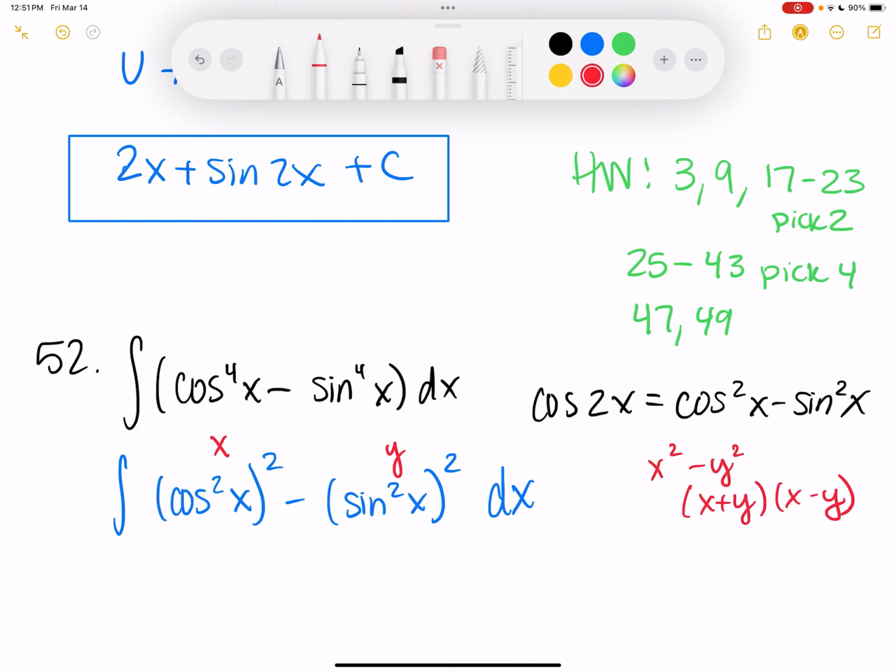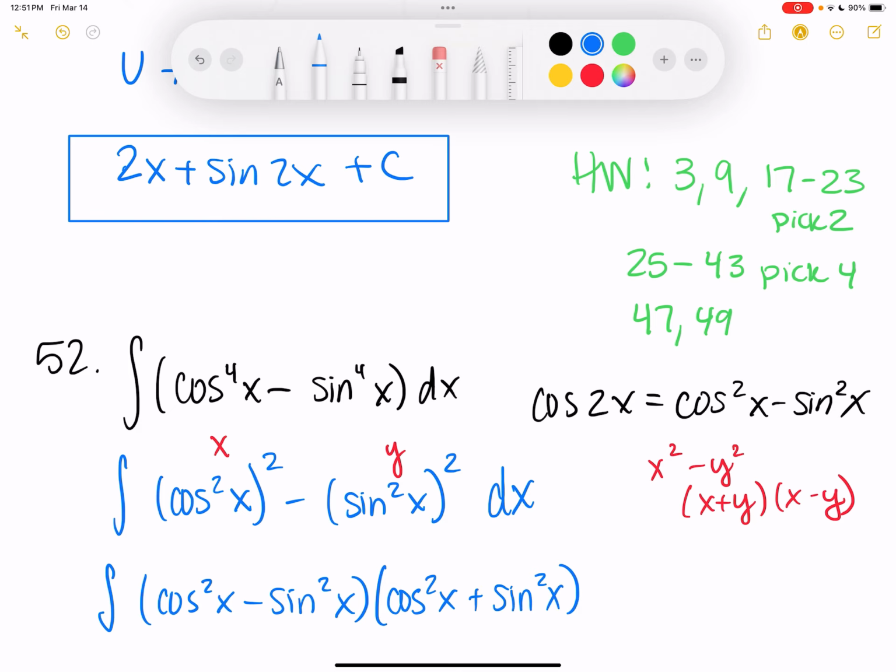So I'm going to use that over here and call this the integral of cosine squared of x minus sine squared of x times cosine squared of x plus sine squared of x dx.